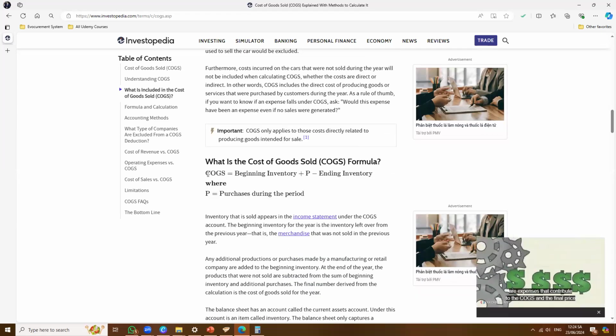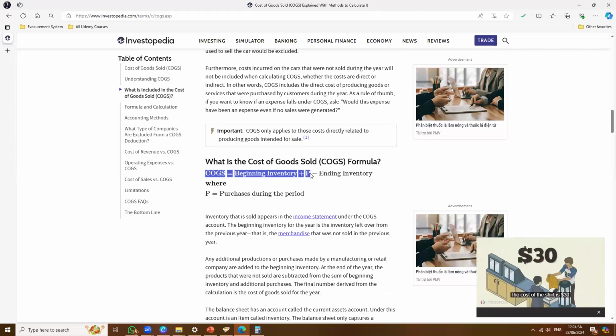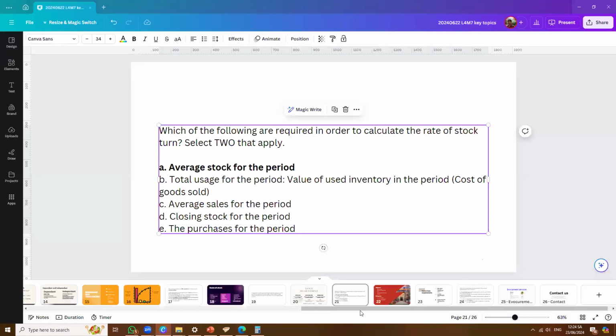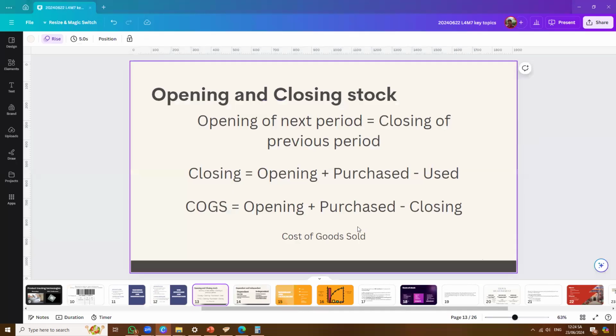And the formula of cost of goods sold is calculated as the beginning inventory or opening inventory plus the purchases during the period, minus the ending inventory. Just like what I have shown you a few slides earlier. Exactly this, right?